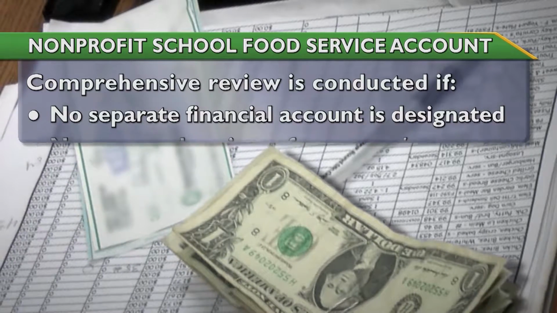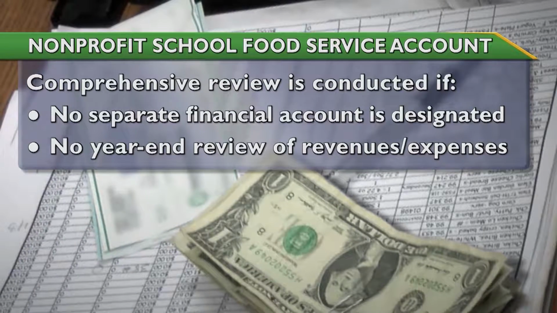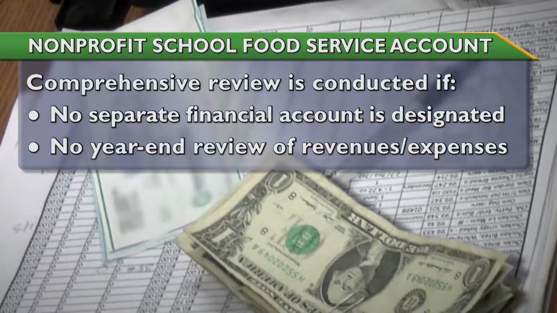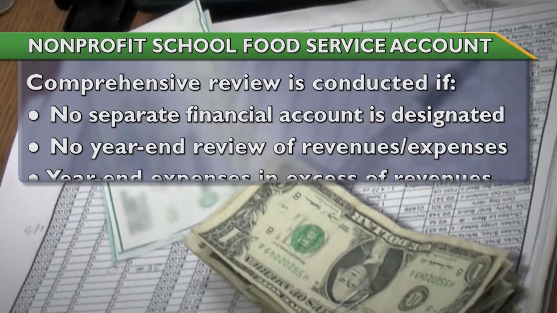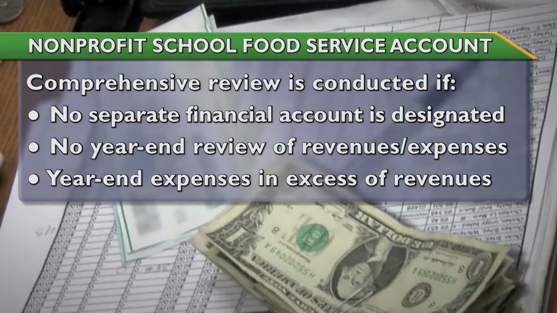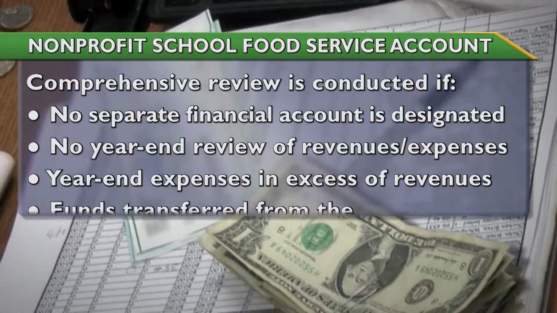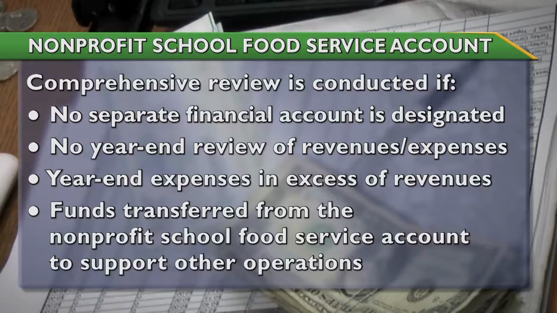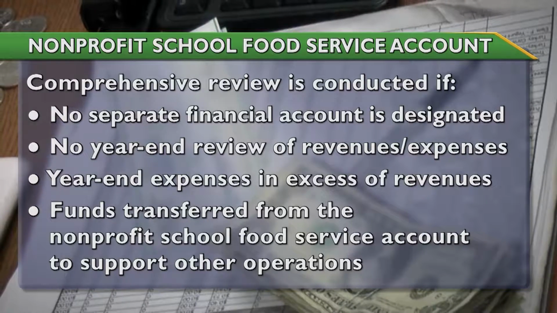The LEA did not conduct a year-end review of total revenues and expenses to determine the school food service nonprofit status. The LEA had year-end expenses in excess of revenues, requiring a general fund transfer to cover the balance. Funds were transferred out of the nonprofit school food service account to support other operations.